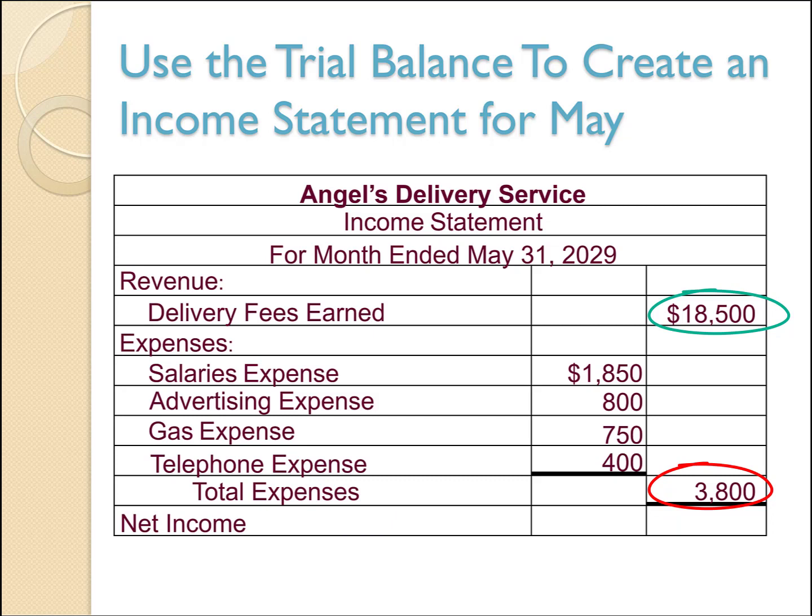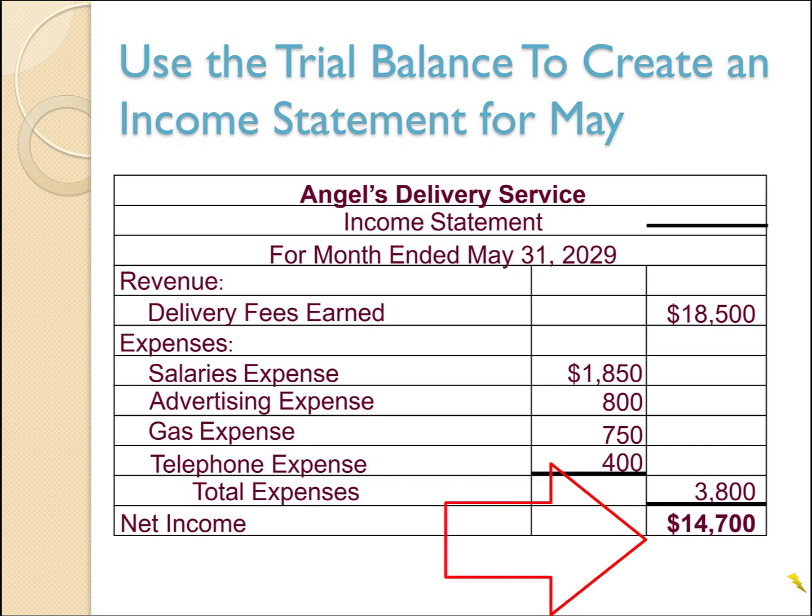It's not indented at all. And then 18,500 minus 3,800 gives us $14,700 of net income. And net income is also known as what? It's also known as profit. And then because we're done with that, we put a double underline at the very bottom.